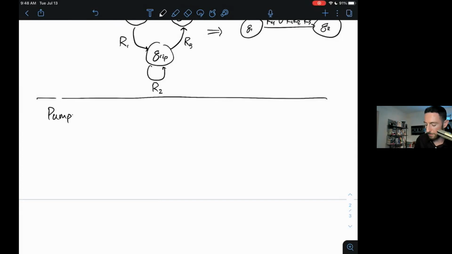I'll rewrite it for you because we're going to want to have reference to these particular conditions.